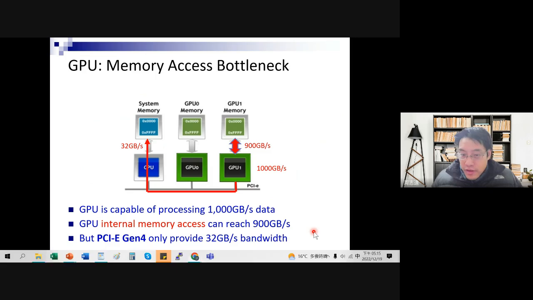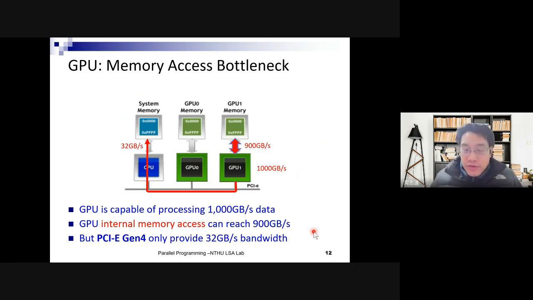However, for GPU, to obtain computing power is sometimes easy, because you can just customize your processor, or you can just have more cores inside your processor to have higher computing capability. As a result, today usually the bottleneck is not on the computing side, but the data access side.